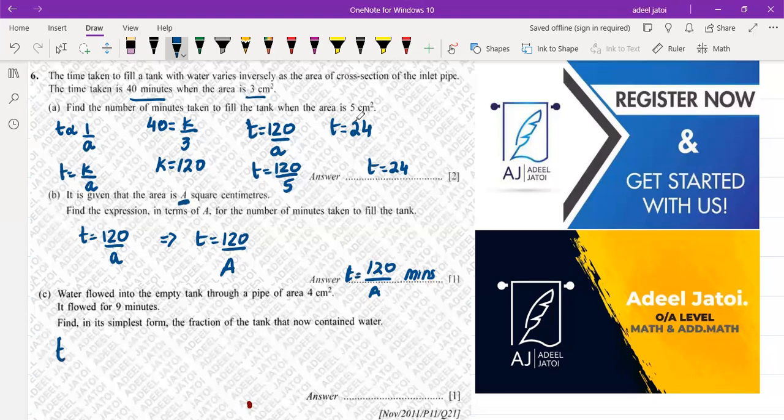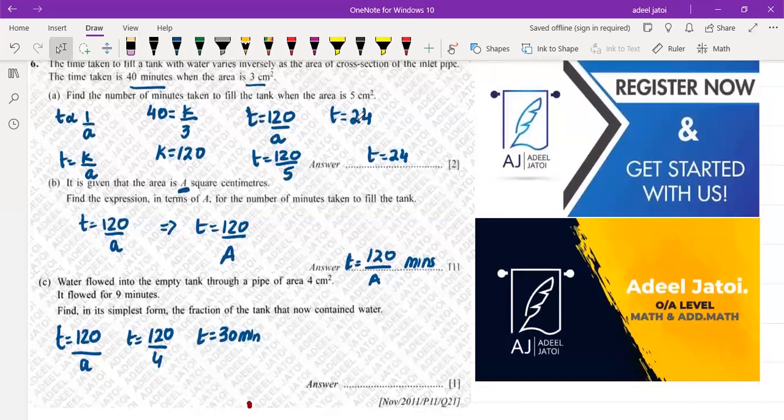So T is equal to 120 upon A, it is T is equal to 120 upon 4. So T should be 30 minutes. The empty tank would fill in for 4 centimeters square, so the time taken to fill it was 30 minutes in total.